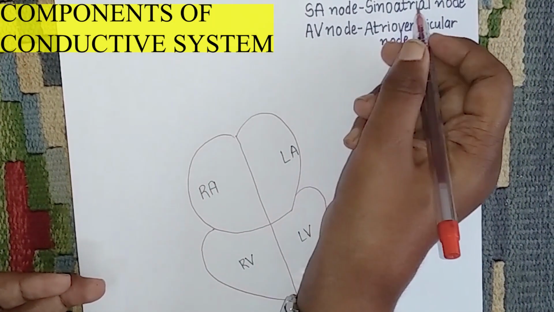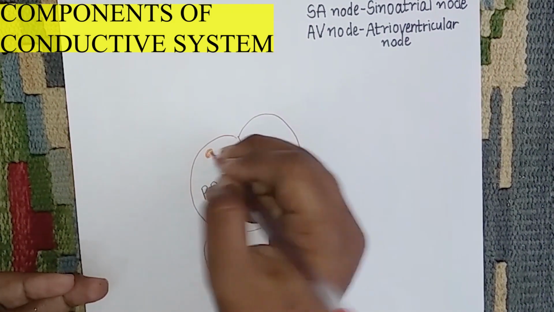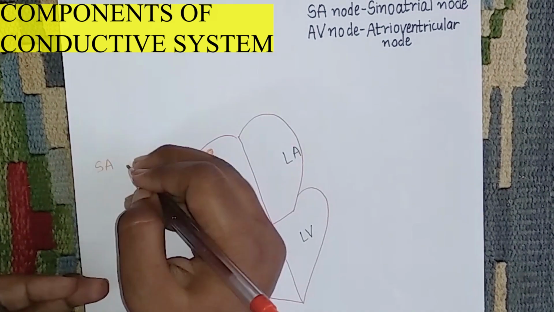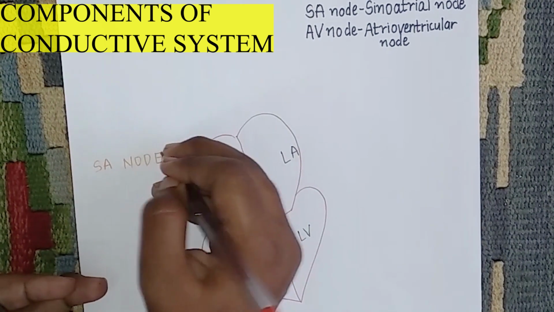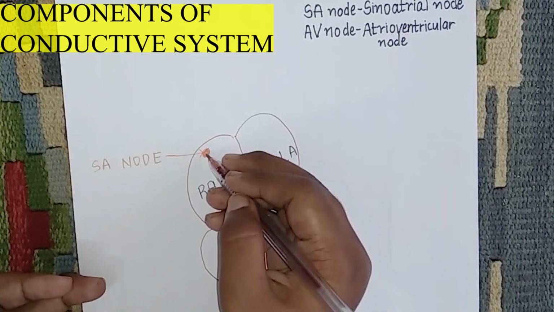So now let's see the components of the conductive system of the heart. The heart has a small strip of modified cardiac muscle which generates impulse, known as the SA node, where SA stands for sinoatrial node.